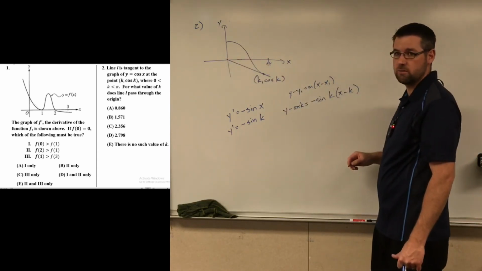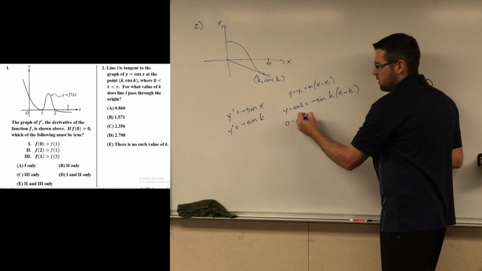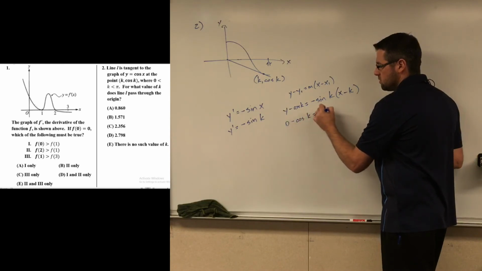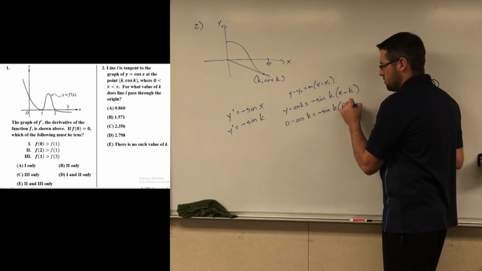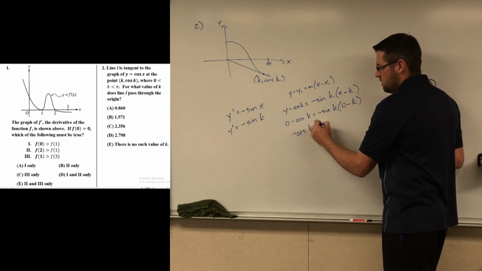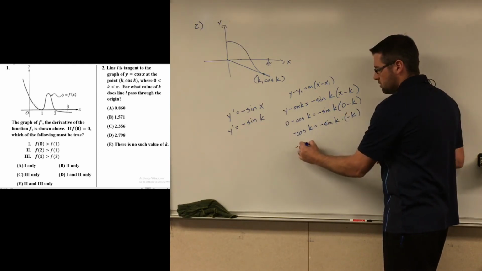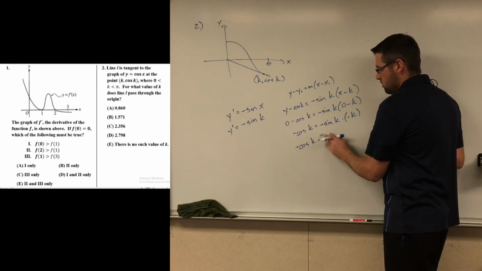That's another coordinate. So I could plug in 0 for y here and 0 for x. And then simplify it from there. So we got negative cosine of k equals negative sine of k times negative k. Okay, so that's negative cosine of k equals k times sine of k.